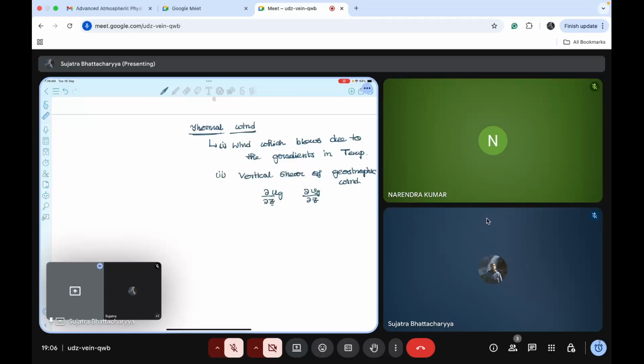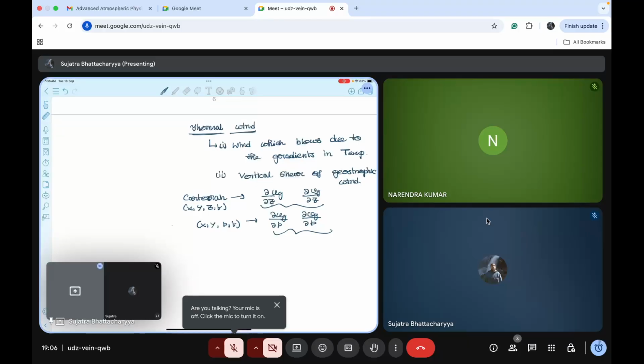Either you can write z or you can write p in pressure coordinate. So this is Cartesian coordinate, x, y, z, t coordinate, and this is x, y, p, t coordinate. We will be using x, y, p, t coordinate to understand the further things.